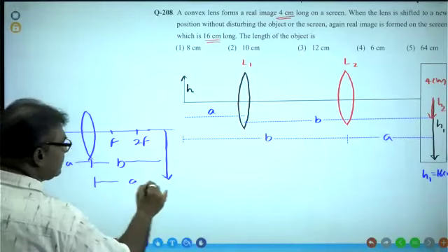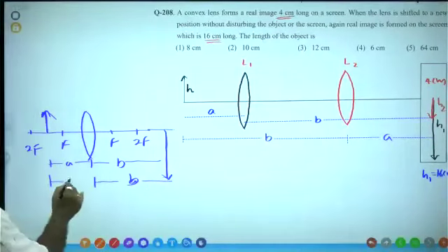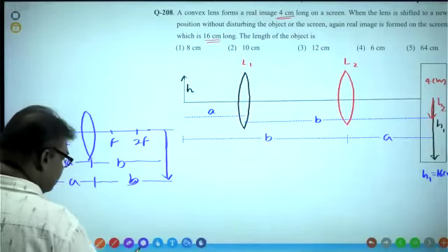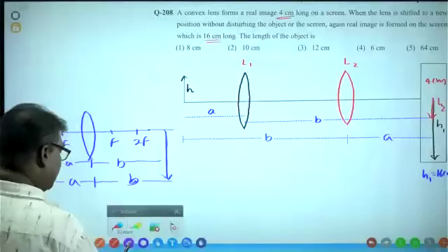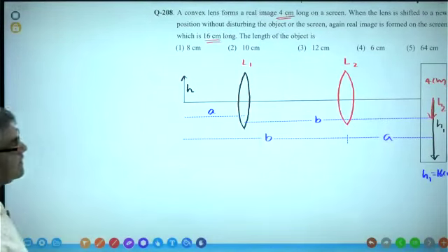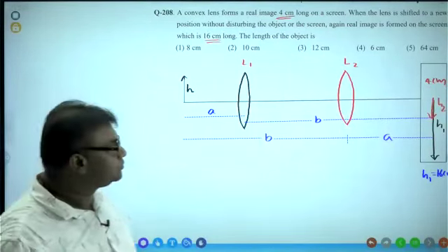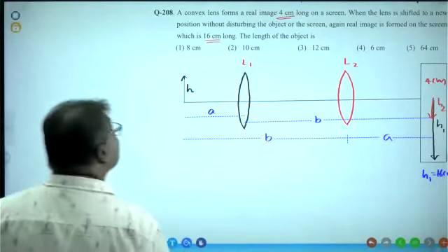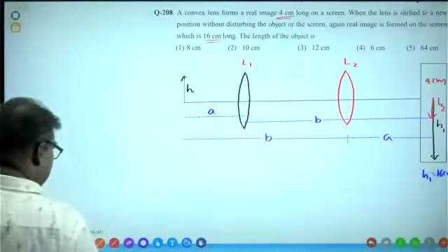If the object distance is again B, the image distance should be A, no? That is the reversible position, right? Okay, then let's start the calculation. This one is location 1, location 2. Okay, calculation.